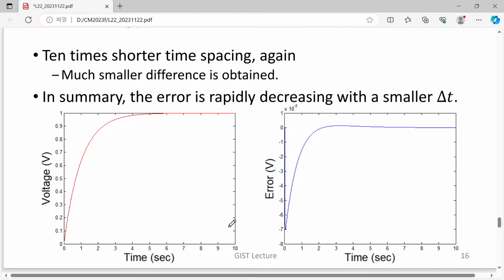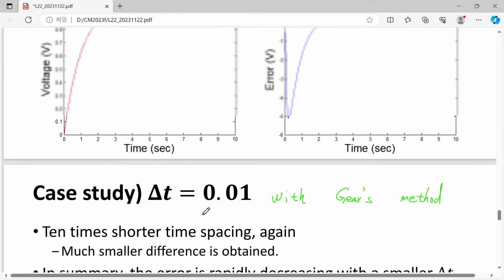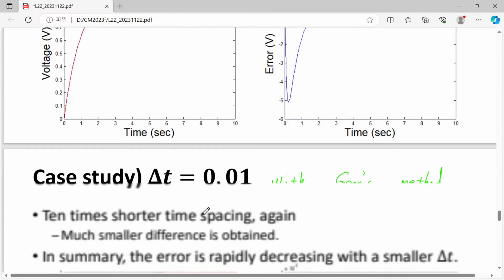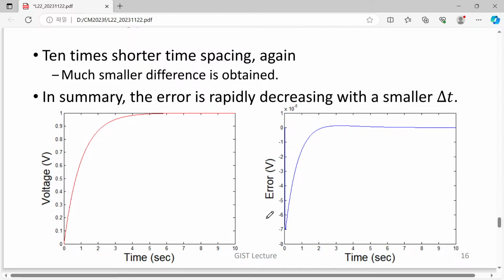Actually, even to me, I cannot make any distinction between the left graph and this graph. They are all good, but the point is, when we numerically calculate the difference, the error, its absolute value is just 10 to the minus 5.